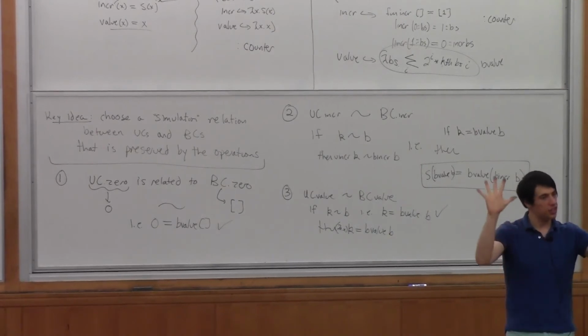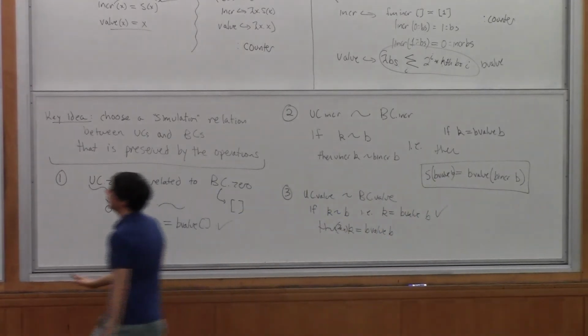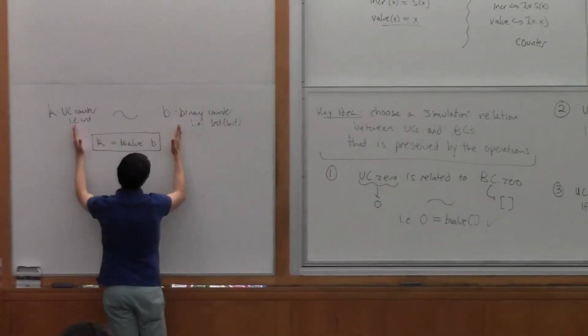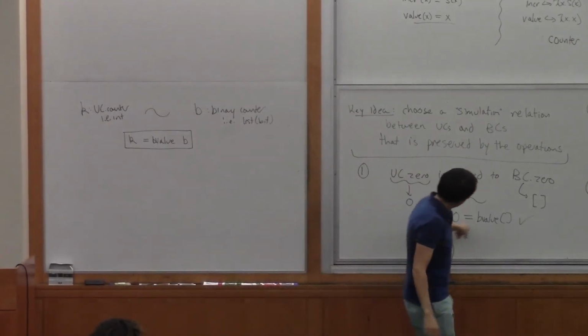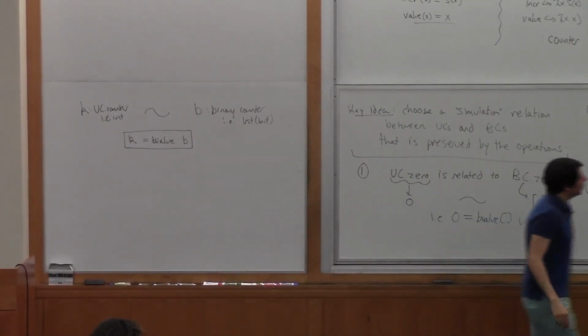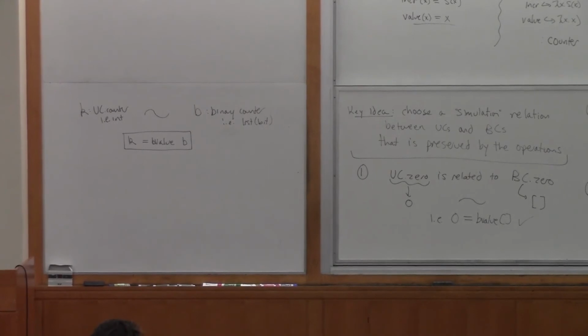You want to show that no client can distinguish between this faster one and this original one. What you do is you set up a relation between the states of the two machines and then show that the initial states are related. When you take a transition, they're related. And any observable value of some other type that you kick out is in fact equal.